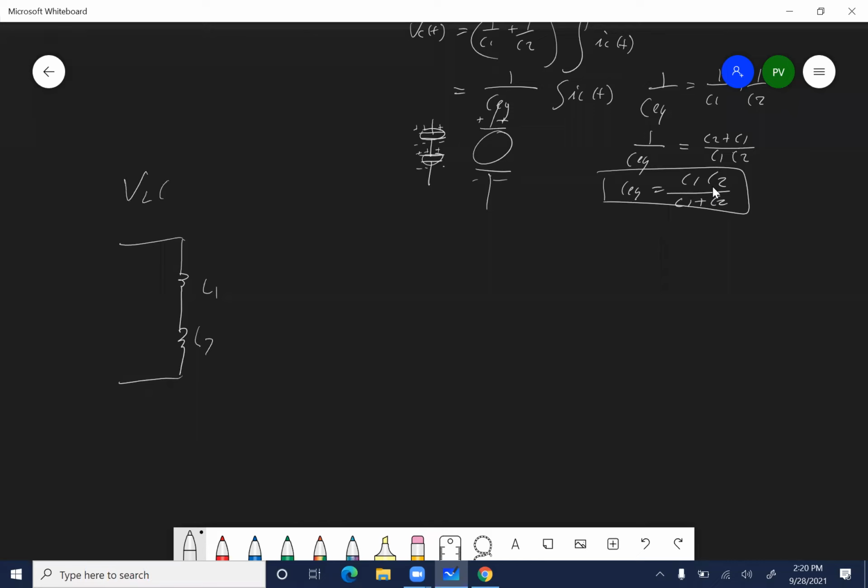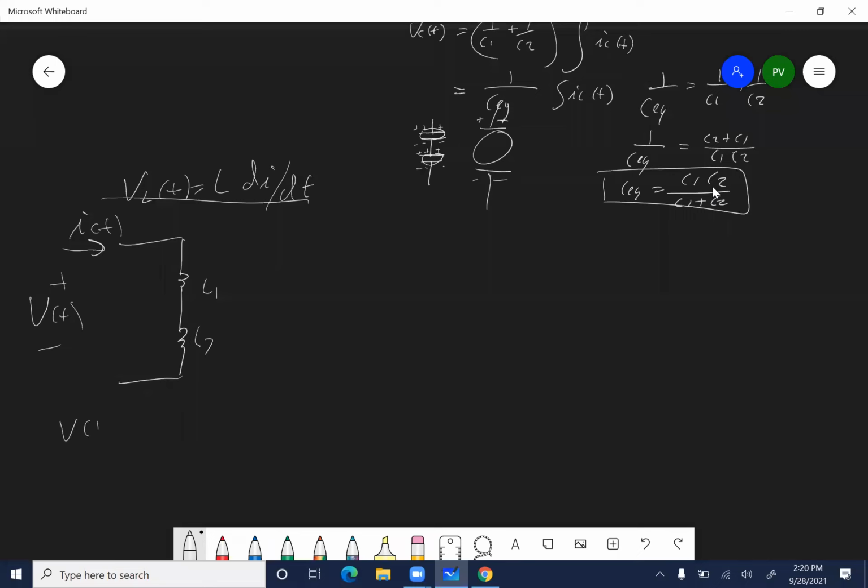What is the voltage drop across an inductor equivalent to? L di/dt. So that's the voltage. I know that I have a voltage across these two inductors, and I have a current in here, and so I'm going to use this to solve for the voltage.